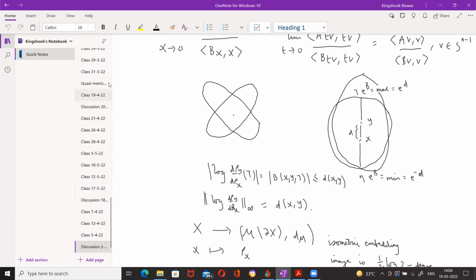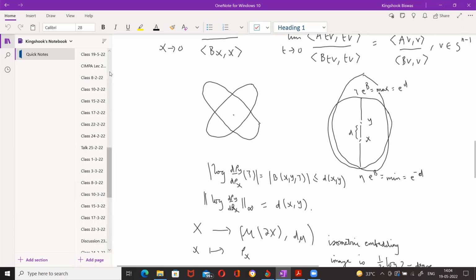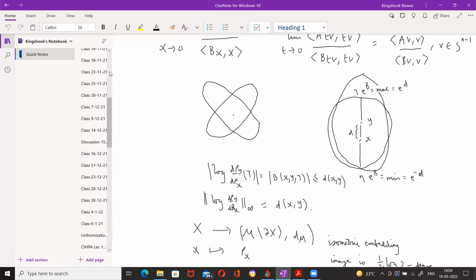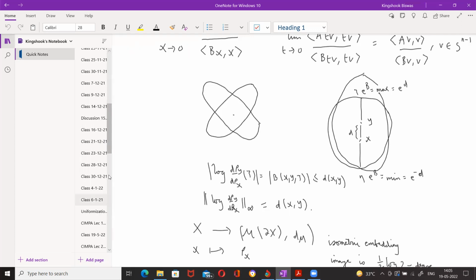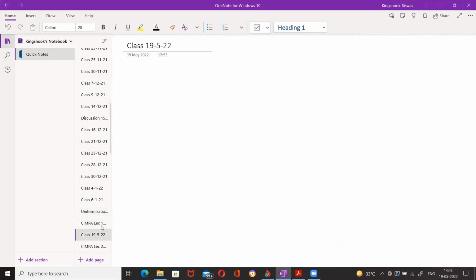The order of the pages is messed up. One second, sorry. Here. Fine. All right.